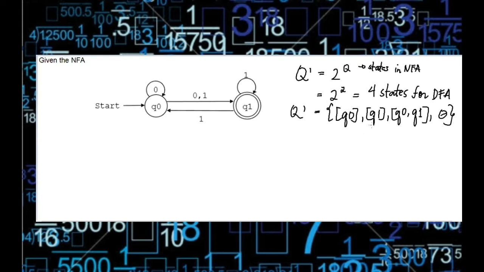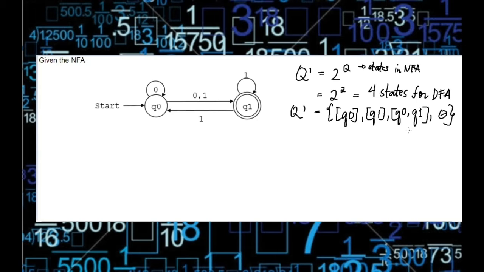So, when you list the power set of a set, obviously the power set means listing all the subsets of a set. So, if you have 2 given elements, first thing first, list them one by one: Q0, Q1. After that, because there are two elements, list them in pairs, and then the null set.